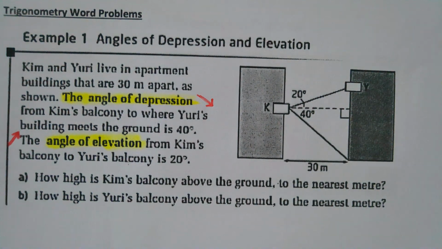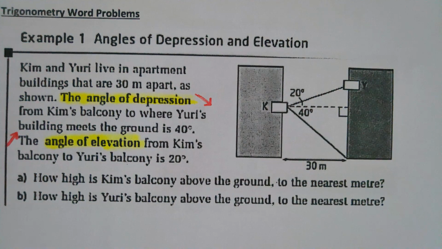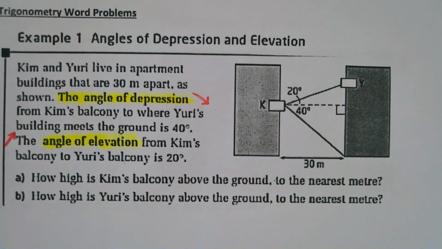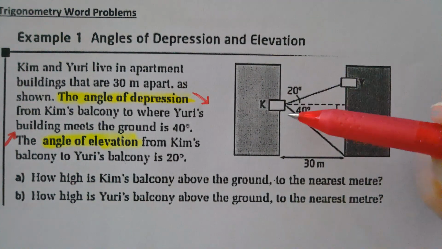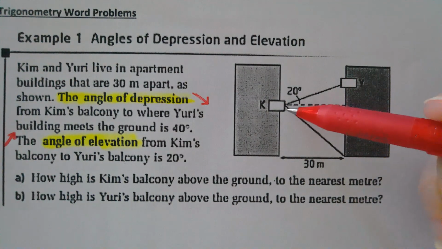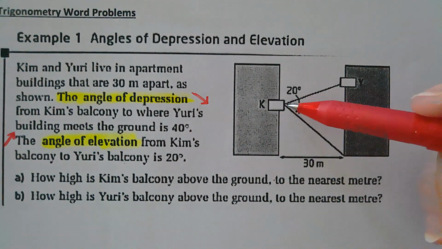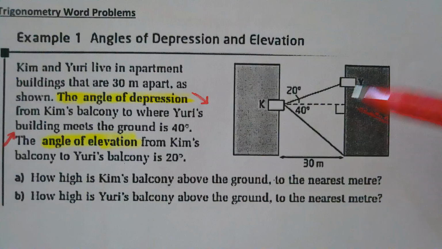How many right angle triangles do you see? How many? 2. 4. There's 1. 3. I see 3. But then this triangle is actually the same as this triangle.